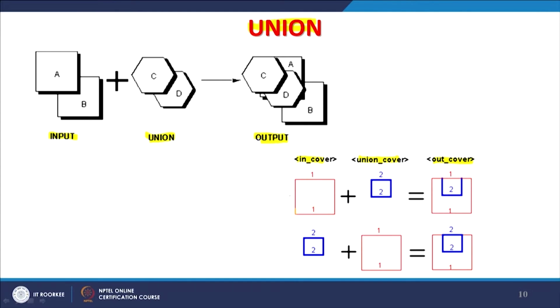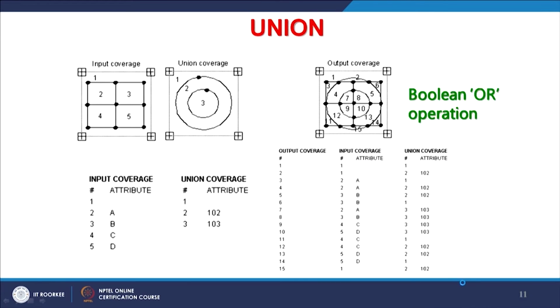Here the red box, the large box, is the first input coverage, the union coverage is different, though the output is like this. Similarly, if my input coverage is a small blue box or a square, and the red square is my union coverage, the output is going to be the same. So, this was the union example.